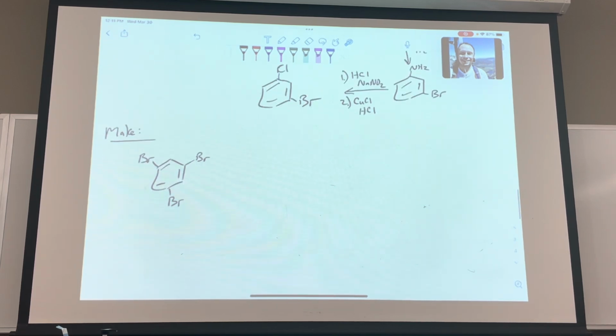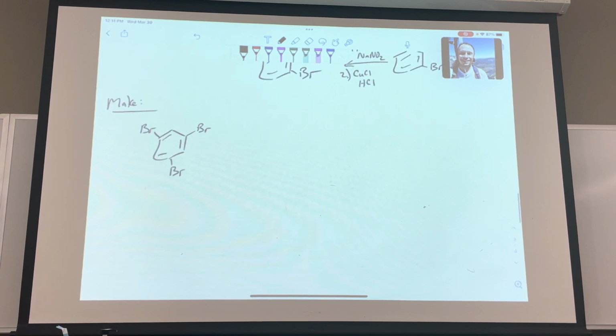All right, well, let's think about another approach. If we want to use diazonium chemistry, we always have to put on the nitro group and then reduce it to the aromatic primary amine. So let's see if that would get us anywhere.